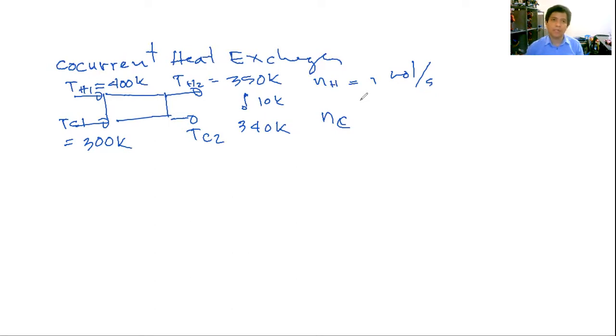So dun sa MCp delta T, magka-cancel out lang yun. So parang ganito lang yung equation natin. Yung heat na ma-release ng hot stream, equal lamang yun dun sa heat na ma-absorb ng cold stream. Diba?